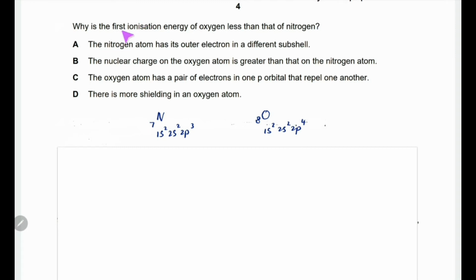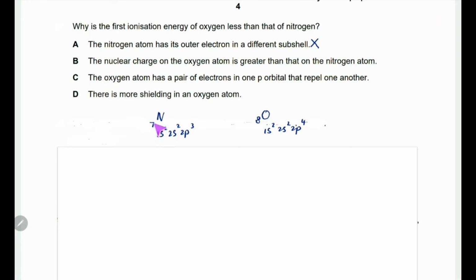Now, finding why the first ionization energy of oxygen is less than that of nitrogen. In choice A, the nitrogen atom has its outer electron in a different subshell. Look over here. Nitrogen has the outer electron in the 2p subshell, and oxygen has its electron in 2p. Both have the same subshells, so this is not the correct choice. The nuclear charge on the oxygen atom is greater than that on the nitrogen atom.